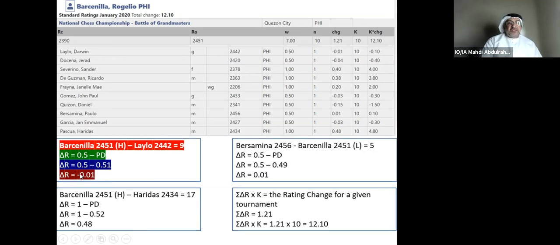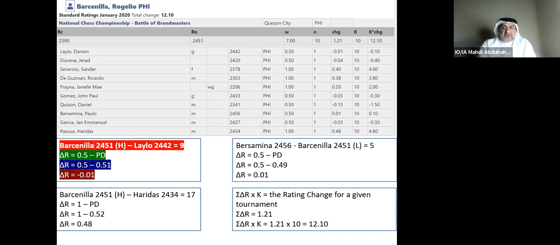Be careful whether it is minus or plus. This is minus here, so his rating change is minus 0.01.